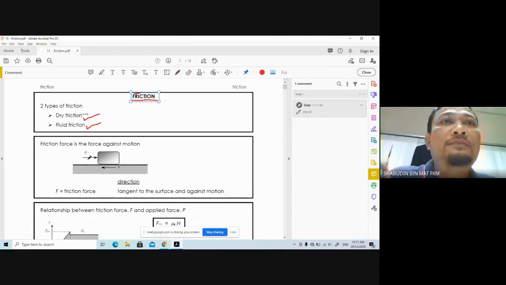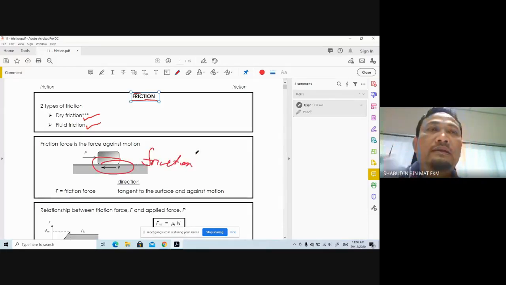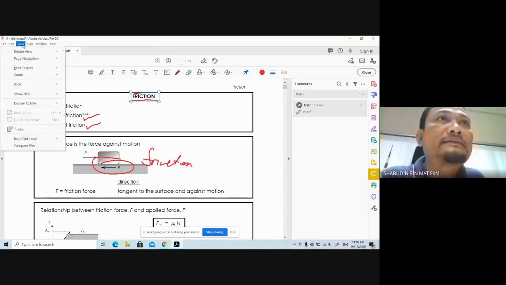If you have an object, say a box, and you push that box onto your surface with a force of P, you will have a friction force occurring between the surface and your object. This is what we call the friction force.